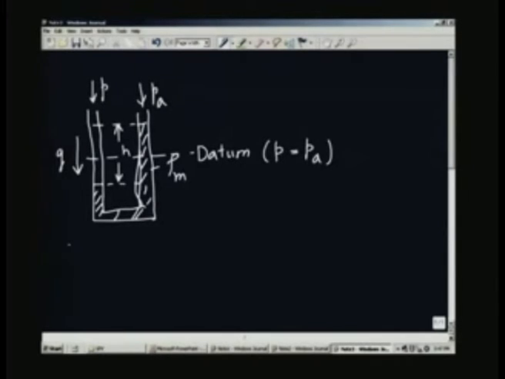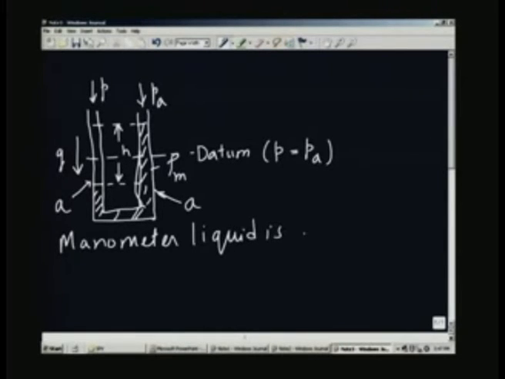So, if the area of cross section is A and this is also A, if we assume that the manometer liquid is incompressible, incompressible means the volume of the liquid does not change.